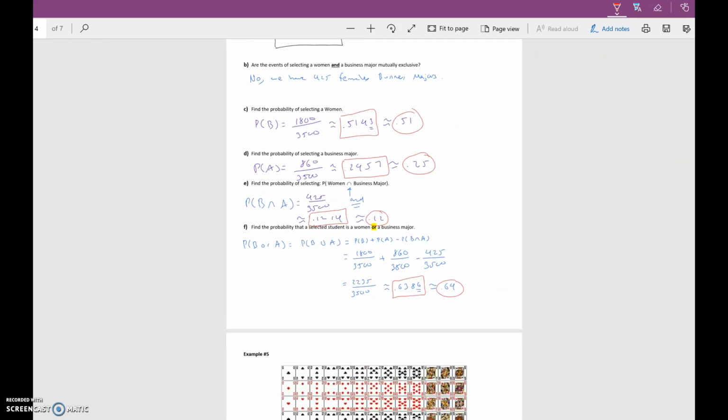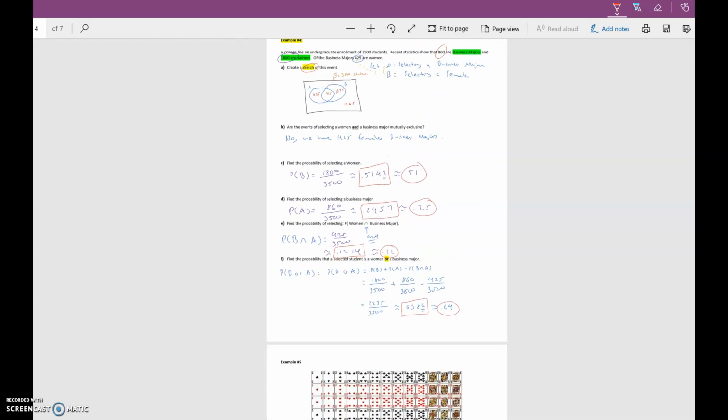Okay, let me double check the numbers. 1800 plus 860 minus the 425, 2235 divided by 3500, 0.6386. That's actually it for this example.